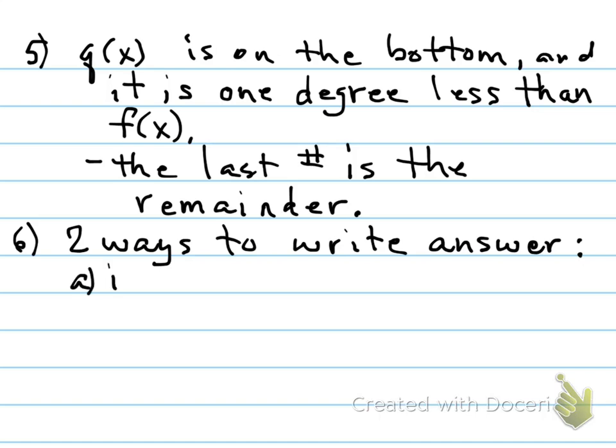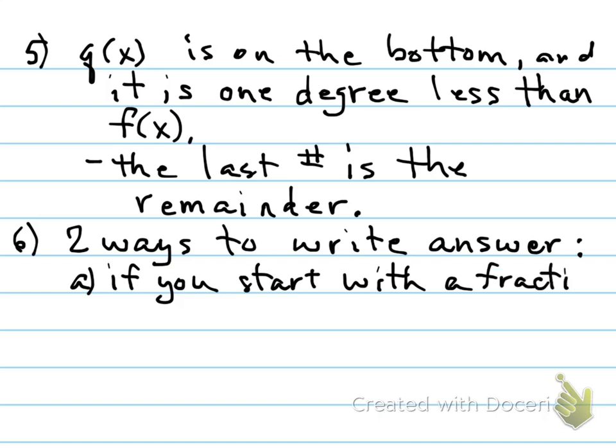First, if you start with a fraction, so in other words, the whole thing is written as a big fraction from the very beginning, that doesn't mean it has a fraction in it. It means the division is written as a fraction.